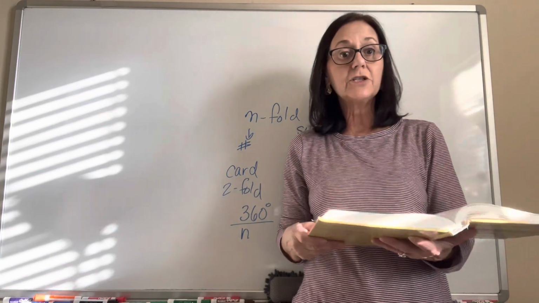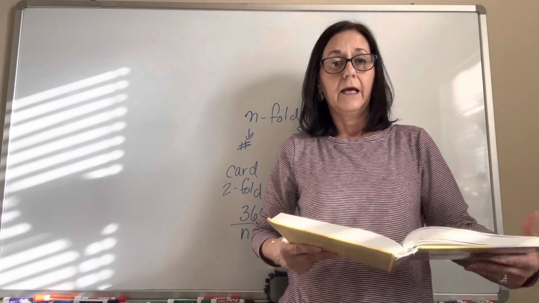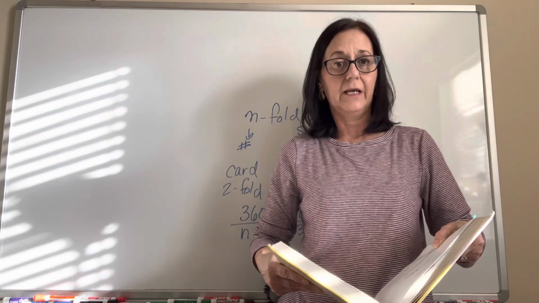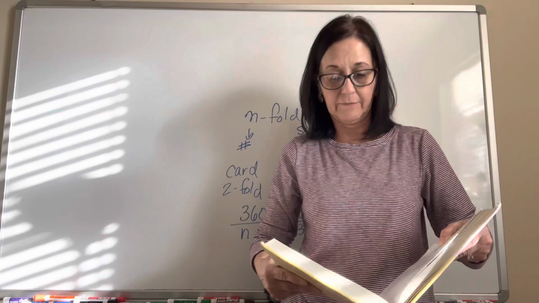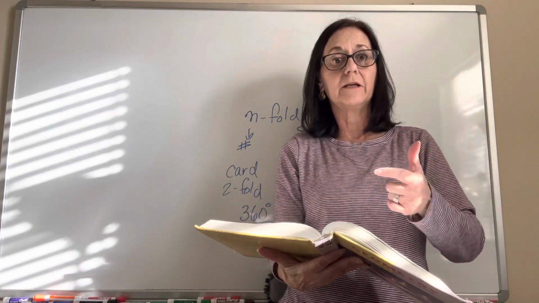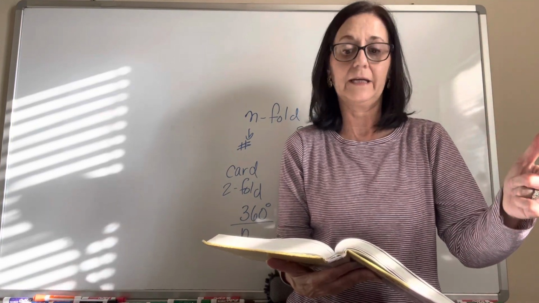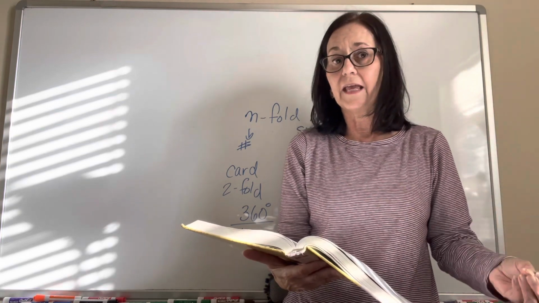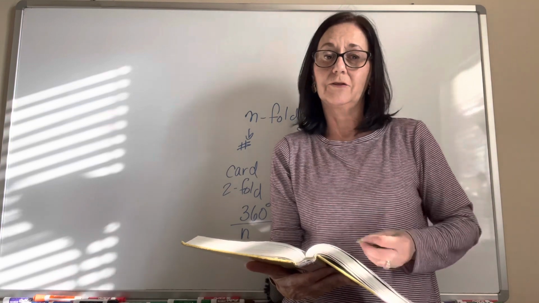Okay, so rotation symmetry. An image has rotation symmetry if, with respect to a point that lies on the image, you can rotate the image through an angle of less than 360 degrees, and the image is congruent to the original.